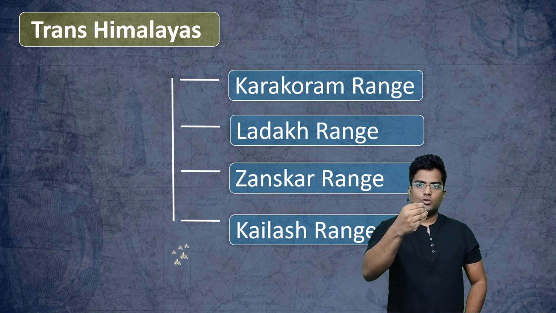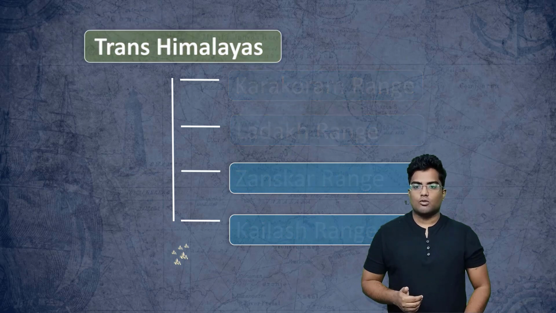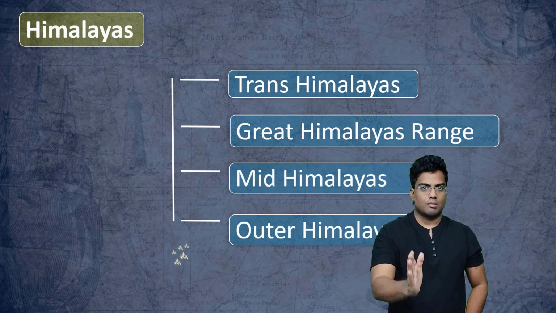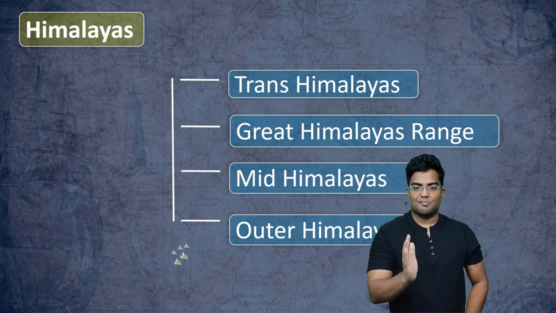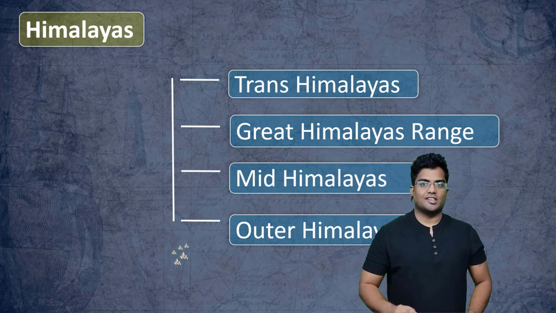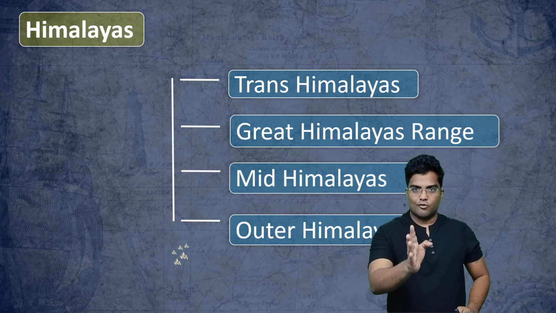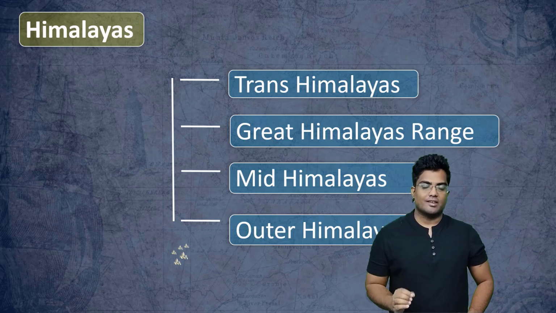To give you a perspective, this is how it looks like. You have the Himalayas once again: Trans, Great, Mid, and Outer. I know I'm repeating it again and again, but this is very essential because you will keep on forgetting about the division of Himalayas, the 4 ranges.